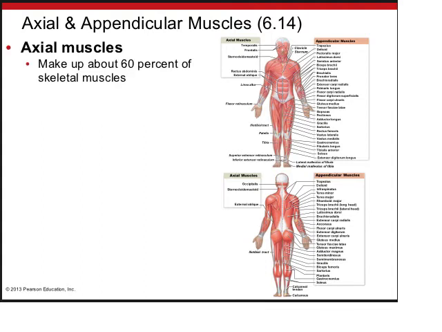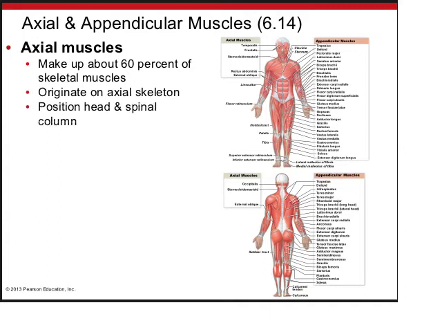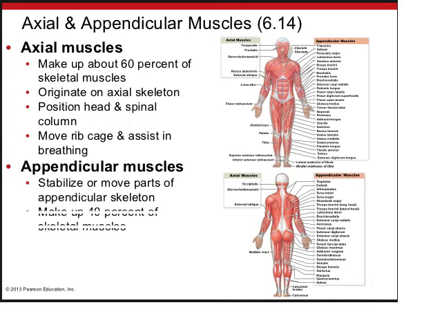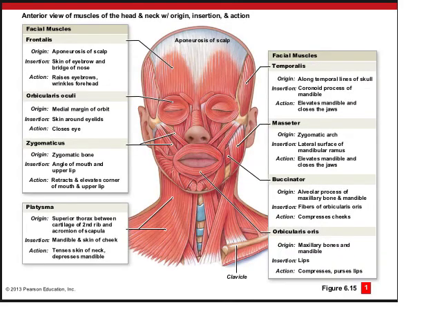So the axial muscles make up about 60% of the skeletal muscle. They originate on the axial skeleton. They position the head in the spinal column, and they move the rib cage, and they assist in breathing. While the appendicular muscles stabilize or move parts of the appendicular skeleton. They make up 40% of the skeletal muscle.